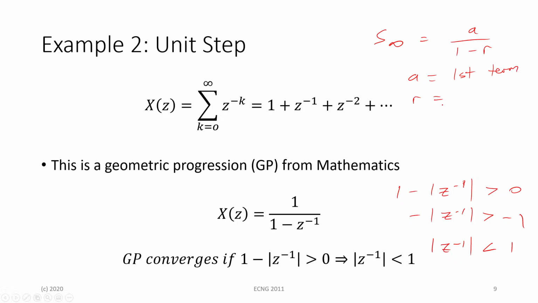R is your common ratio, which is going to be the Tn term divided by the Tn minus 1 term.